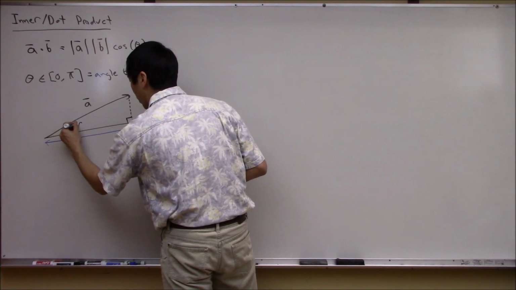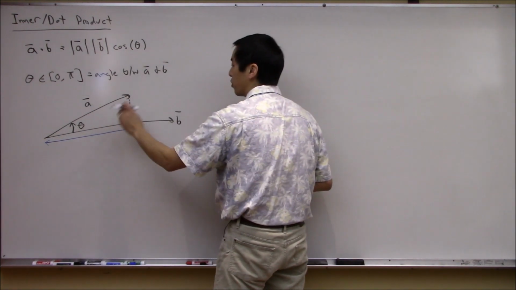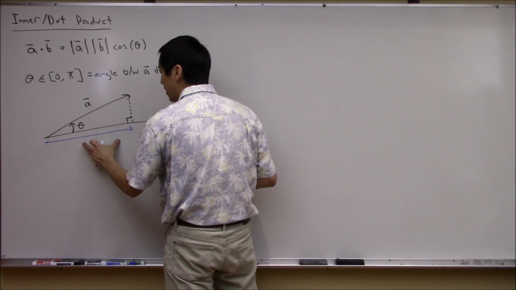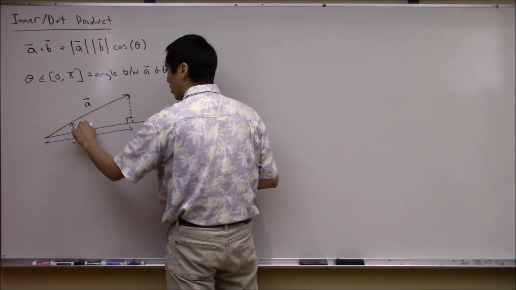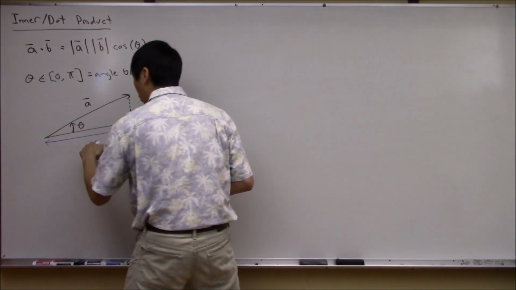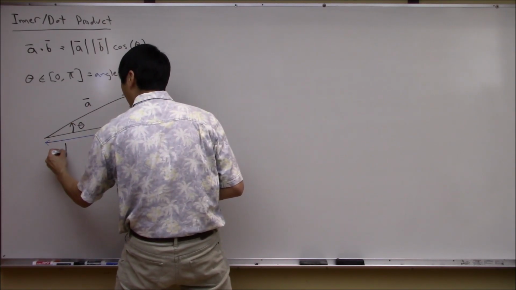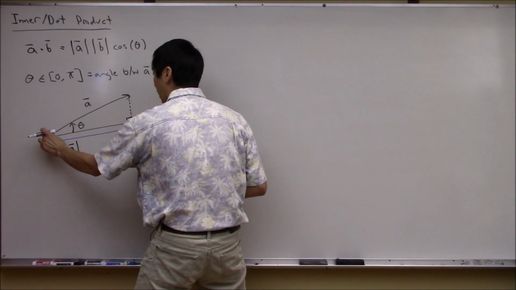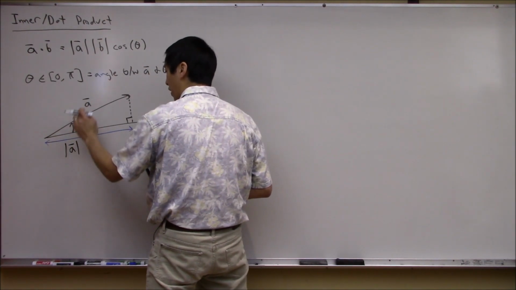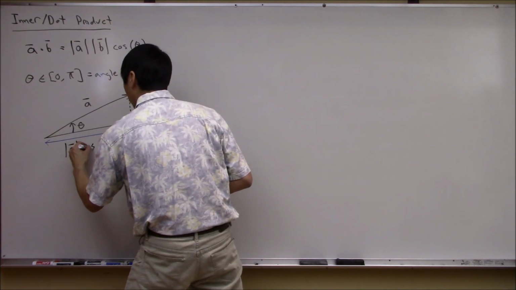Theta, we said, was the angle between A and B. So this blue distance is the hypotenuse times cosine theta. The hypotenuse is the length of this vector A, the magnitude of A. Would everyone agree? So this distance is the length of vector A times cosine of theta.